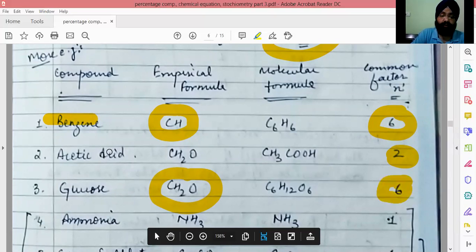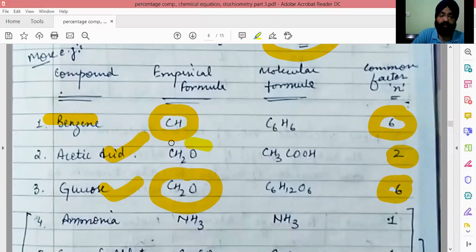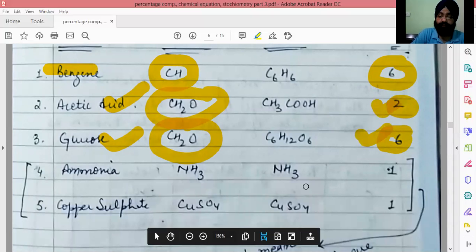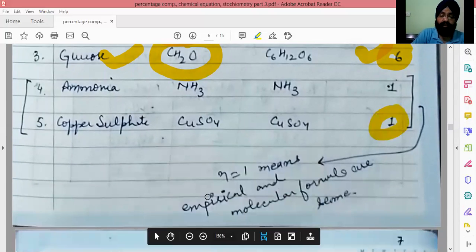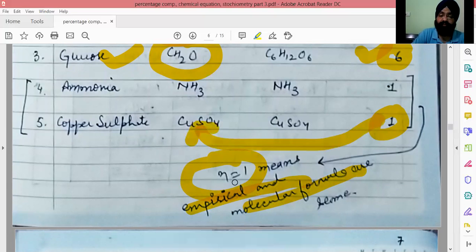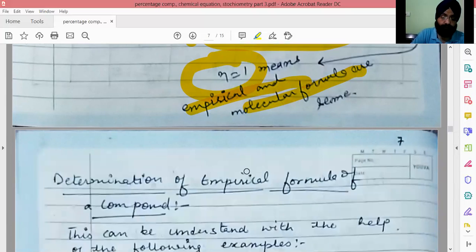Here, for acetic acid and glucose, the empirical formula is the same, but the factor is different. For ammonia, NH3, the molecular formula is the same as the empirical formula, the factor is 1. For copper sulfate, CuSO4, again the factor is 1. So if the factor is 1, then the empirical formula and the molecular formula are the same.